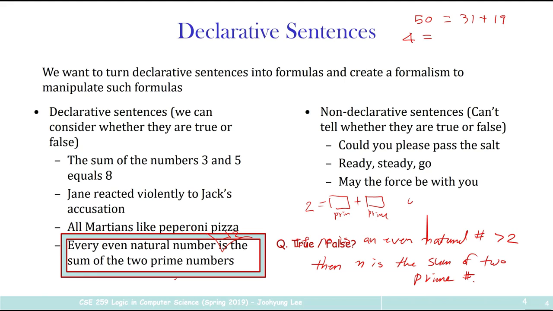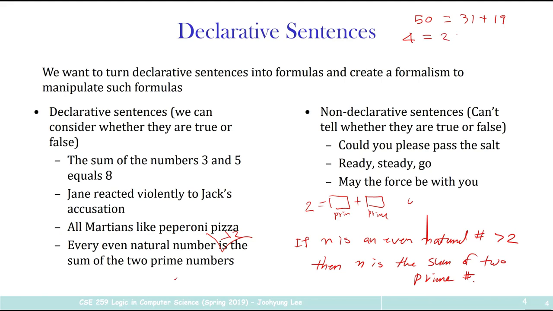What are the 2 prime numbers that add up to 4? Not 2 different prime numbers; we didn't say these 2 prime numbers should be different, right? So 4 is equal to 2 plus 2. So that seems to be working.